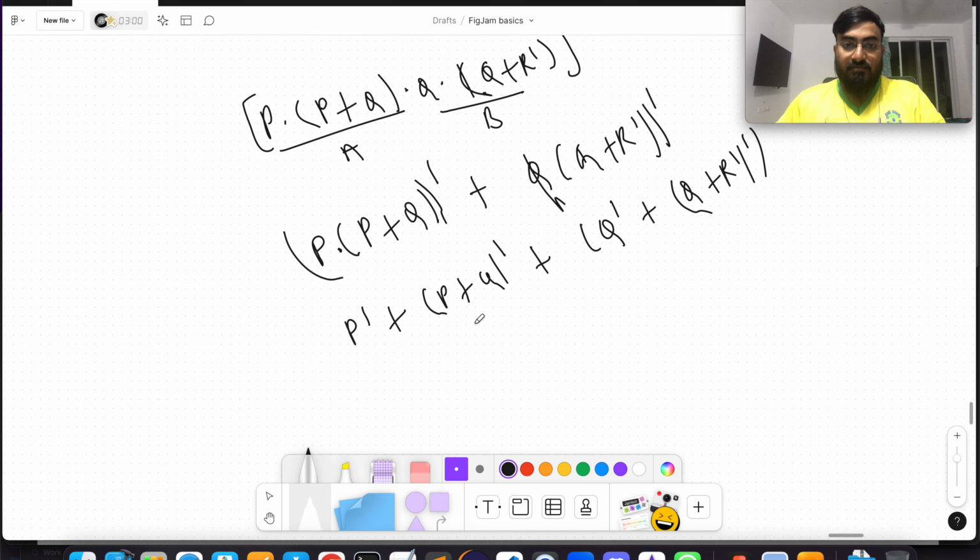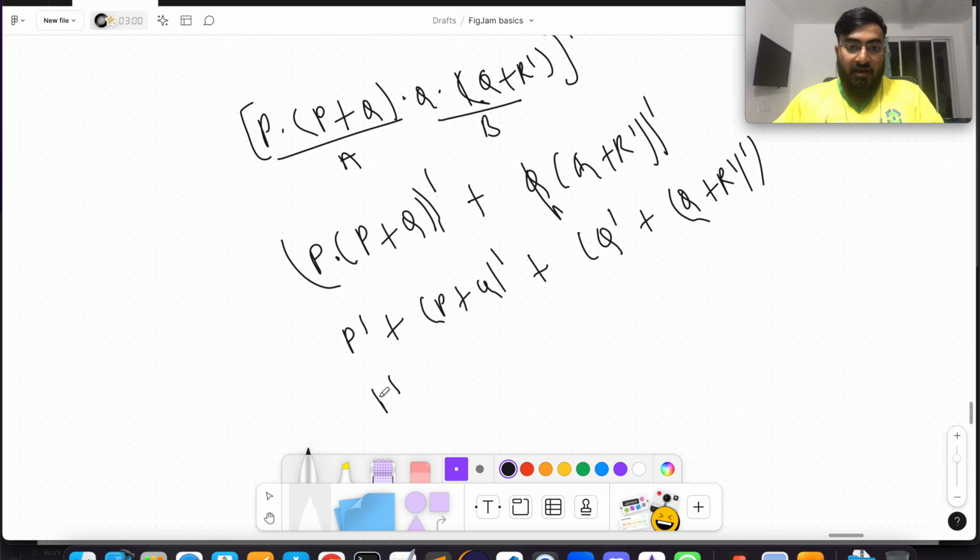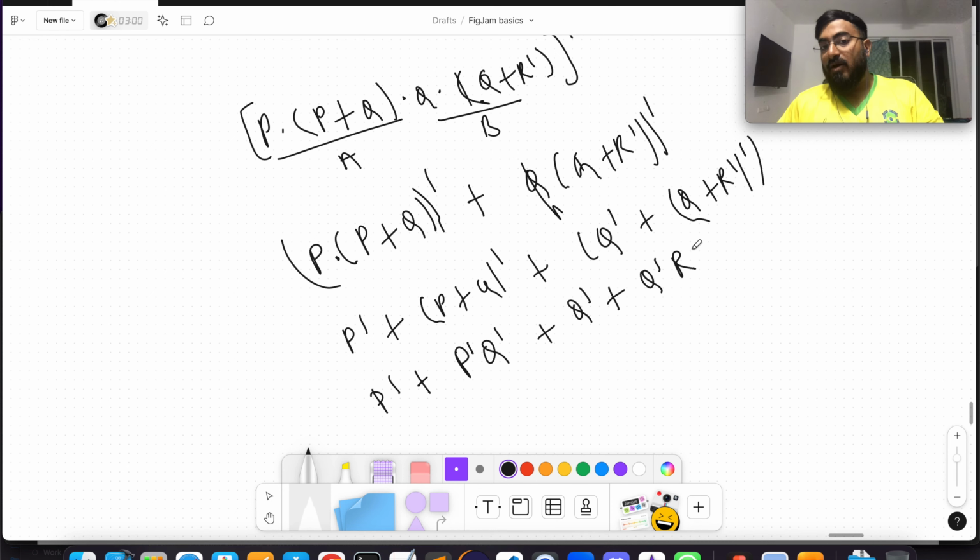Then p bar plus, (p plus q) whole bar is p bar q bar, plus q bar, (q plus r bar) whole bar is q bar dot r bar, plus q bar and r bar cancels, so q bar dot r.